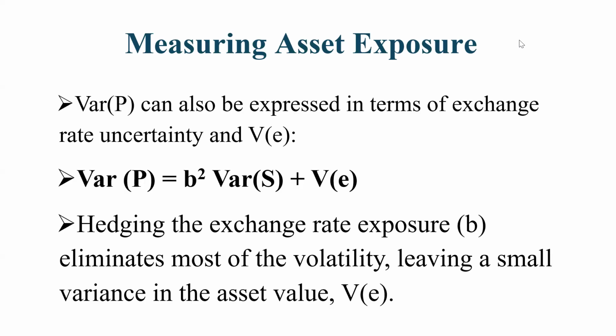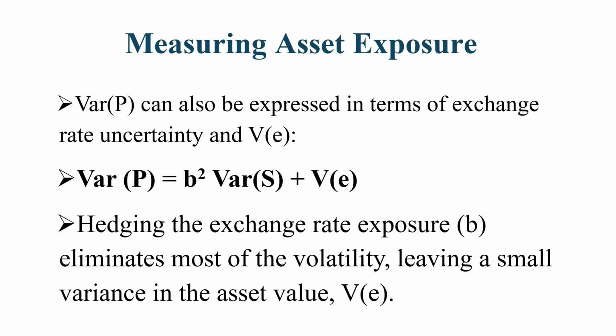Continuing with our discussion of measuring asset exposure, let's note that the variability or variance or uncertainty of the asset value in dollars can be expressed in the equation: variance of P equals B squared multiplied by variance of S plus V of E, that's variance of E, where variance of P equals the variance of the asset value for the unhedged asset position.